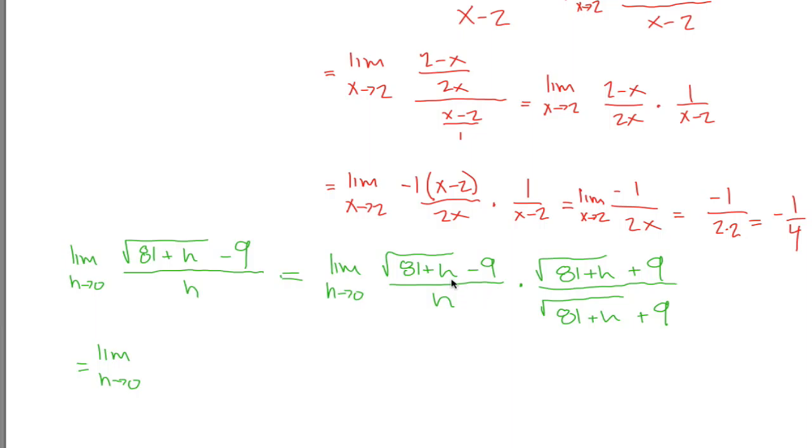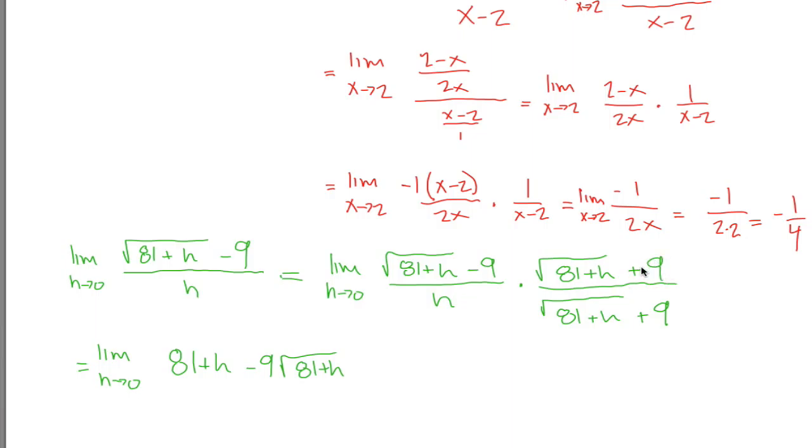If you think about this like FOILing, this is a binomial. Here's the first term, and here's the second term. And here's the first term, and here's the second term. If I'm going to FOIL it out, I'm going to multiply this times this. The square root of 81 plus h times the square root of 81 plus h is just 81 plus h. The squared and the square root cancel out. And then I take the negative 9 and multiply it by the square root of 81 plus h, and so I get negative 9 square root 81 plus h.